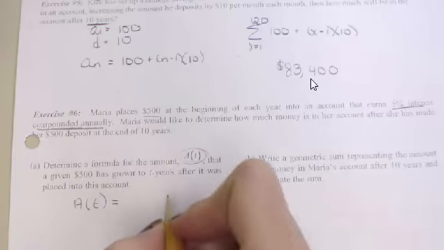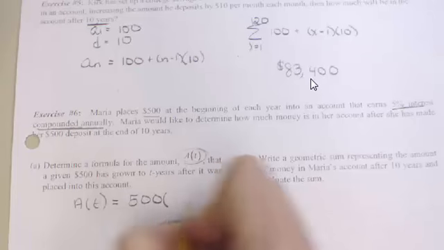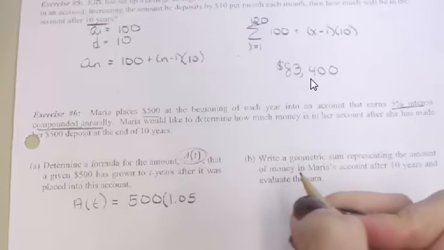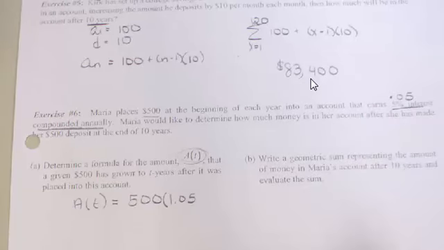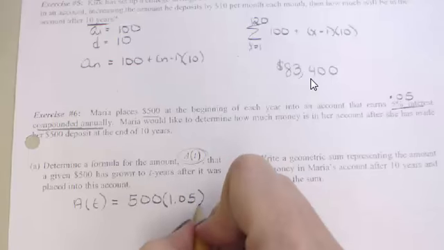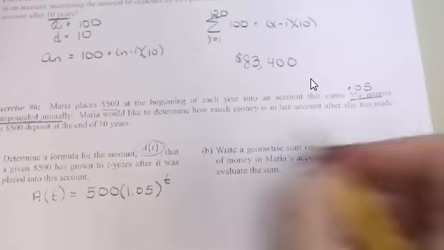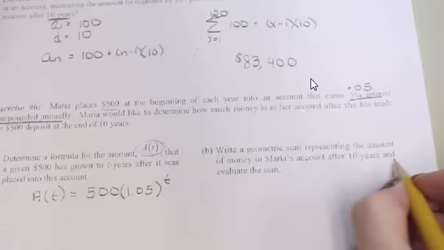We don't want to just say y. So we have our initial amount of 500, 1 plus my r. So first I took the 5%, turned it to 0.05, add that to the 1, there's my t. Okay, write a geometric sum representing the amount of money they will have after 10 years.